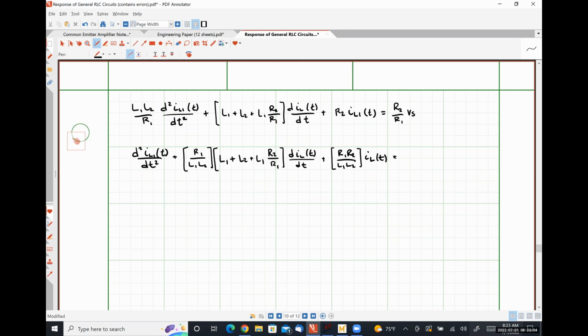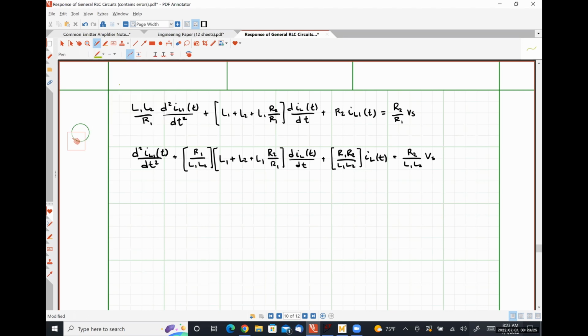And now we're going to have R2 over L1, L2 times Vs here as our constant term, right? Because the R1 in the numerator is going to cancel the R1 in the denominator.